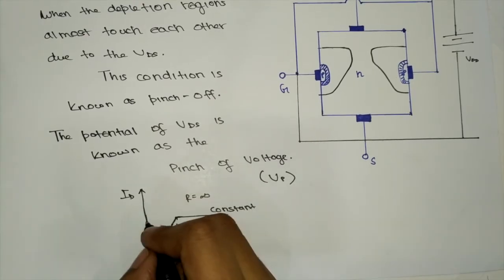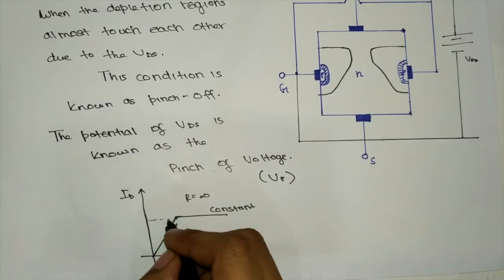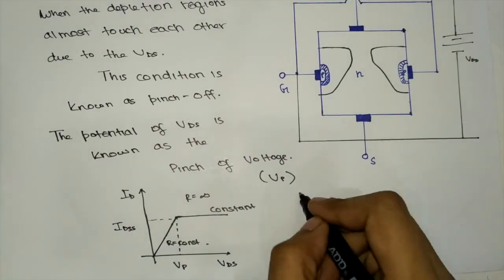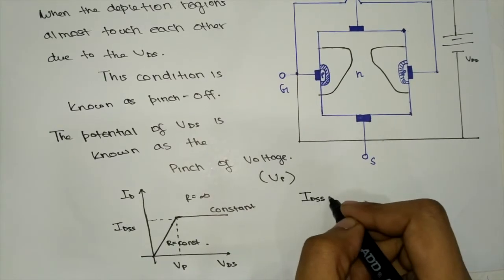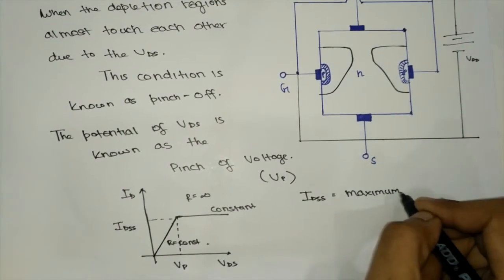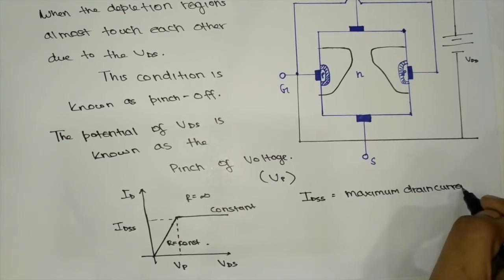This current, when VGS is equal to 0, is known as IDSS, the maximum drain current possible for a JFET.